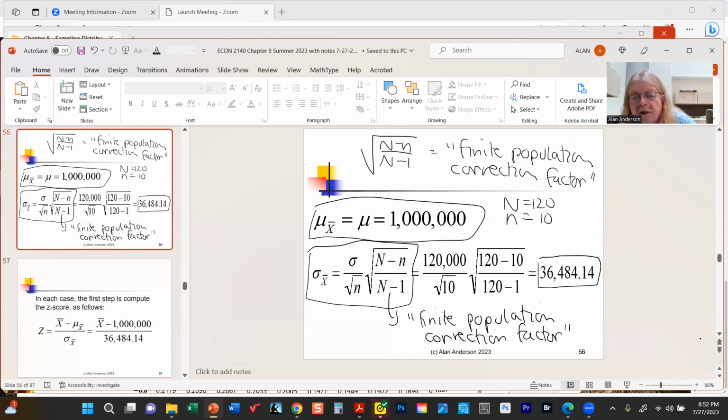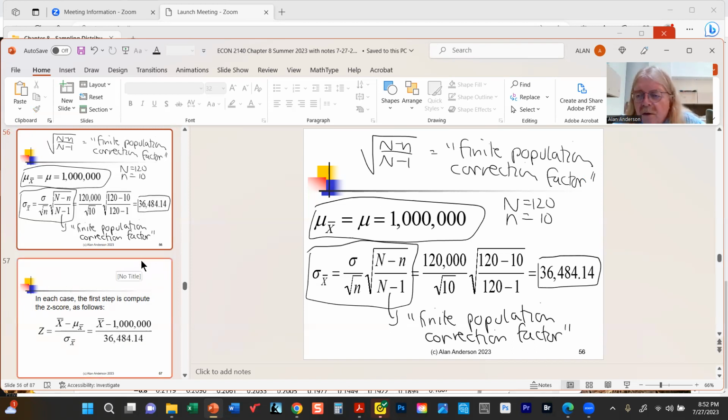And so if you plug in these numbers, and now because we're dealing with dollar amounts, we're going to round this to dollars and cents. The standard deviation or standard error is approximately $36,484.14. It's not exact, but it's close enough.